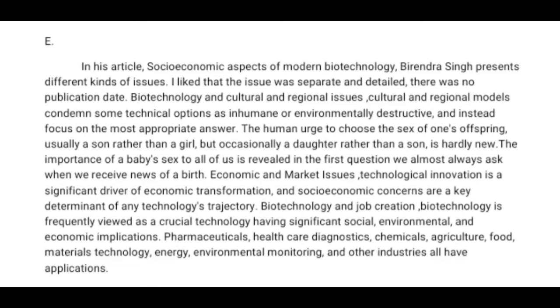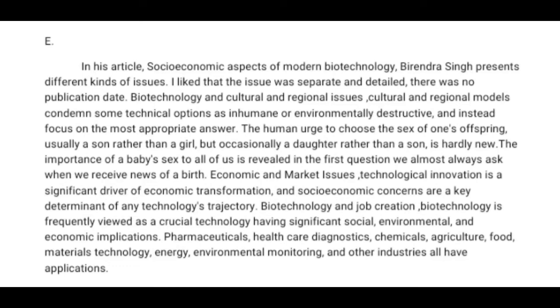The human urge to choose the sex of one's offspring, usually a son rather than a girl, but occasionally a daughter rather than a son, is hardly new. The importance of baby sex to all of us is revealed in the first question we always ask when we receive news of a birth.